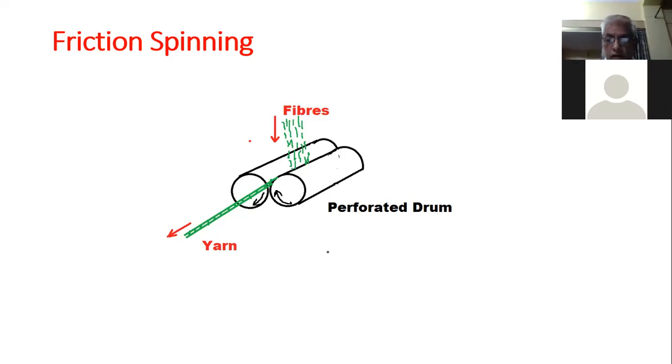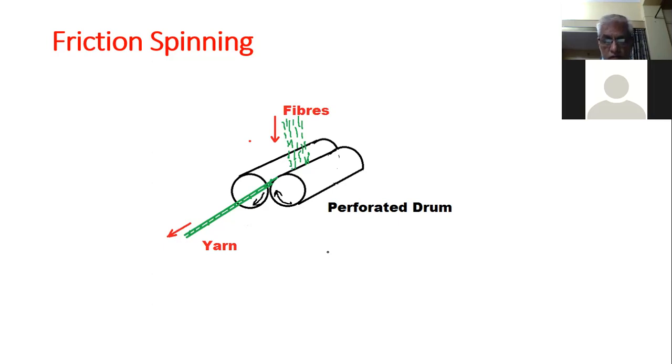After the fibers have been deposited on the surface between these two drums, an open yarn, a seed yarn, is introduced, and this yarn is also continuously withdrawn.